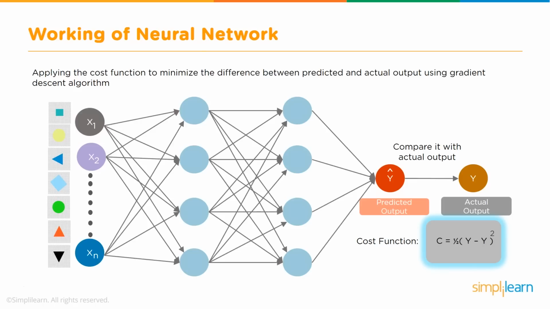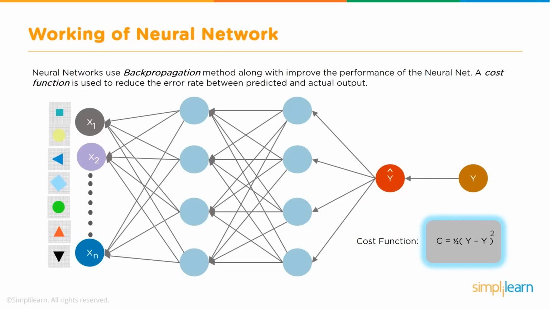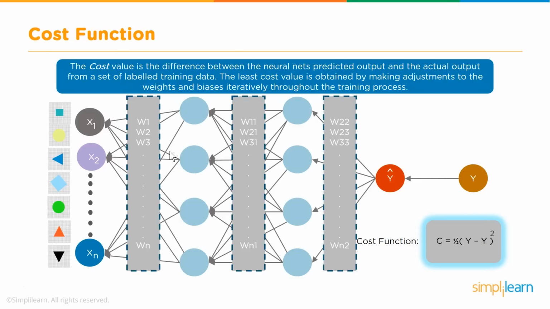Then all the errors are added, which is sometimes called the sum of squared errors, or SSE, and that is fed as feedback in what is known as backward propagation, or backpropagation, and that helps the network adjust the weights and biases. The weights and biases get updated until this error value, the cost function, is minimum.